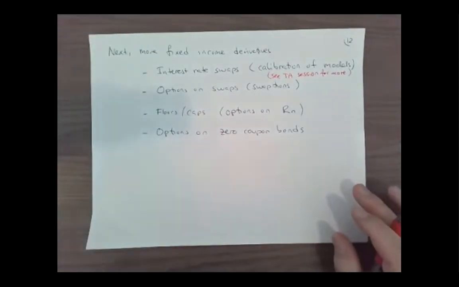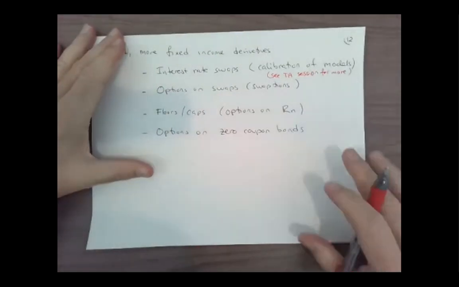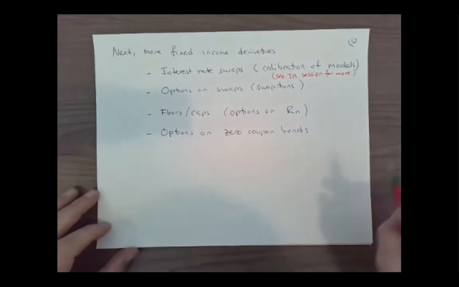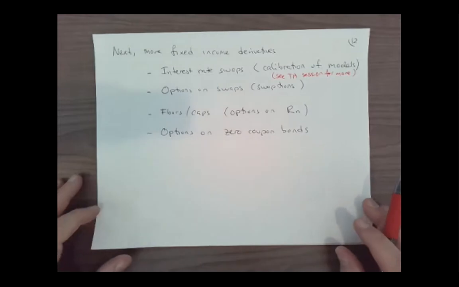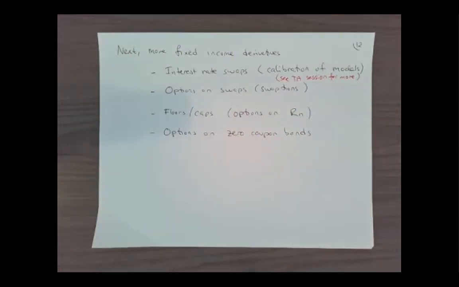I have some data, a little spreadsheet exercise, and I'll have Xiao go through it in one of the remaining TA sessions. There's no TA session on Wednesday, but maybe the week after, we'll have Xiao go through a problem where you do a calibration of the model based upon these interest rate swaps that we're going to be talking about now.